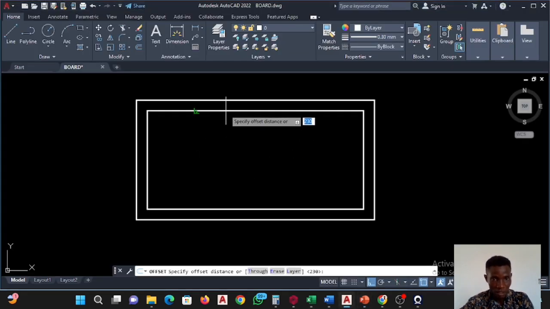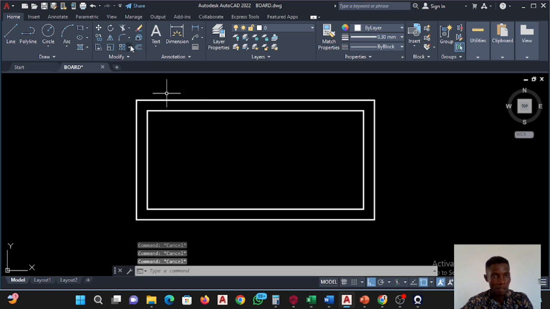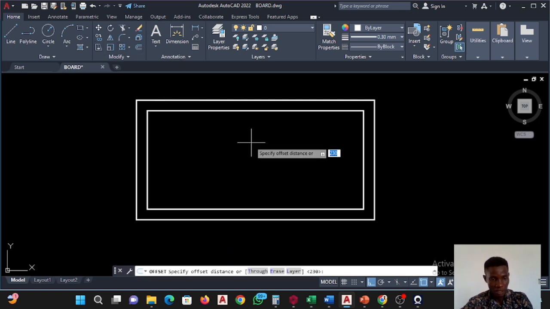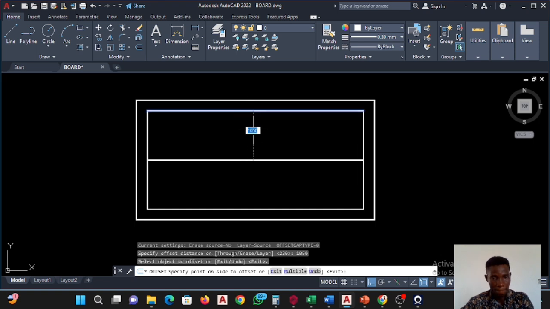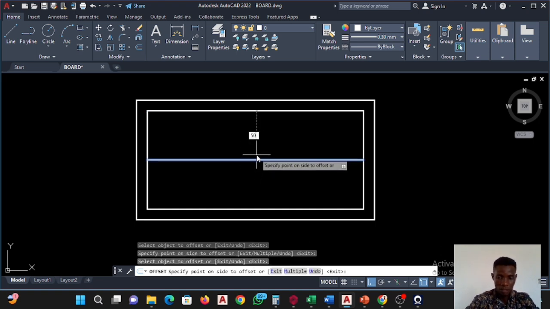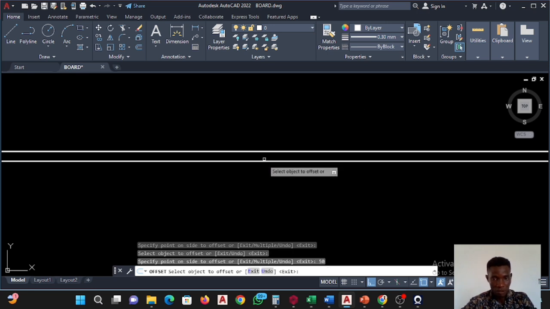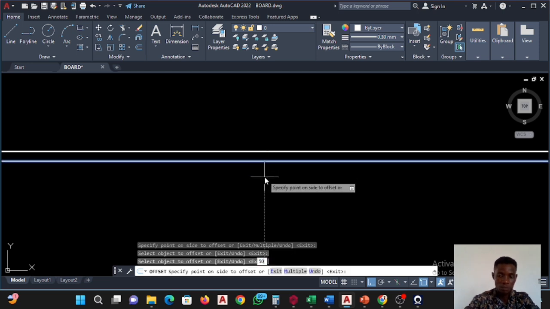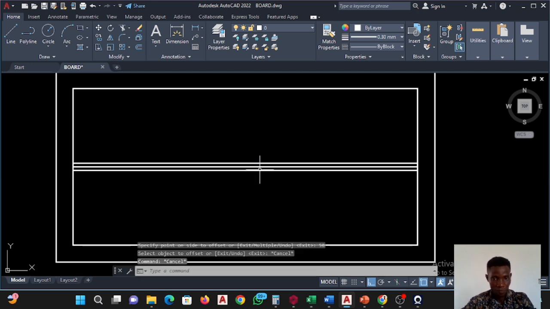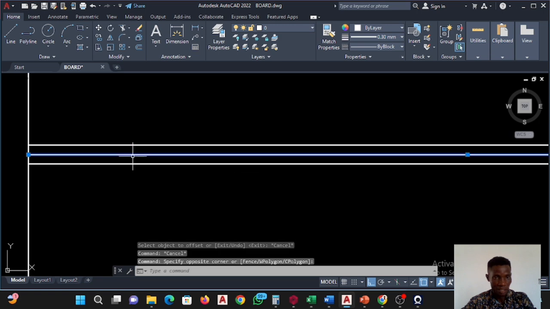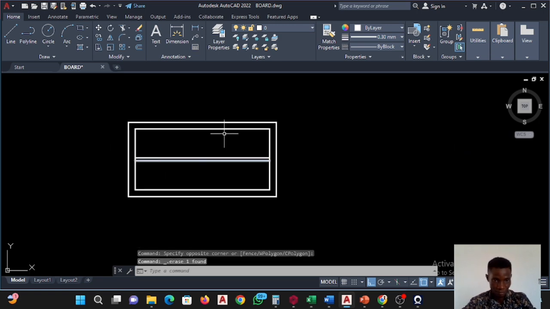So I can pick my offset, then 1050, enter. I have this here, then I now offset 50. We give it the space in the middle. Can offset this one by 50 as well. We give it the space in the middle, right? Then I can now get rid of this.